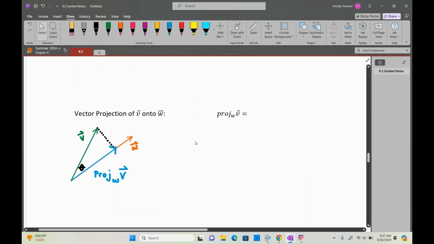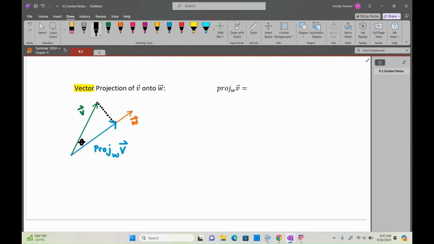Let's go on to what we'll call the vector projection. All right, so our vector projection of v onto w is going to be a vector that has the same length as the scalar projection, but it's going to be a vector rather than just a length. Okay, and it's going to point in the direction of w.